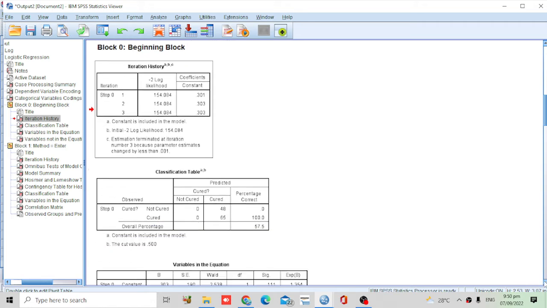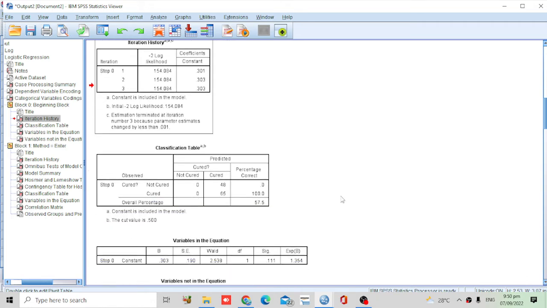Then its classification table, since we only included the intercept, we have 57.5% of accuracy in predicting.